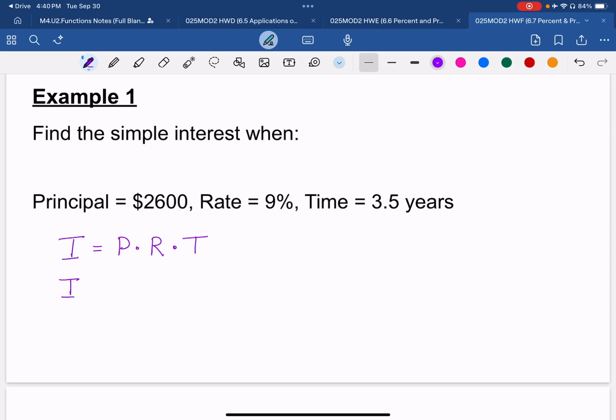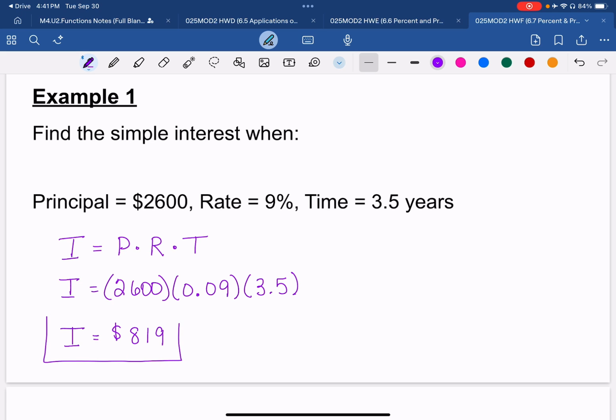So I'm going to take my principal, 2,600, multiply that by my rate, and I'm always going to use the decimal version, 0.09. My time is in years, so 3.5. Then I'm going to go to my calculator, type all that in, and I get $819 in interest.